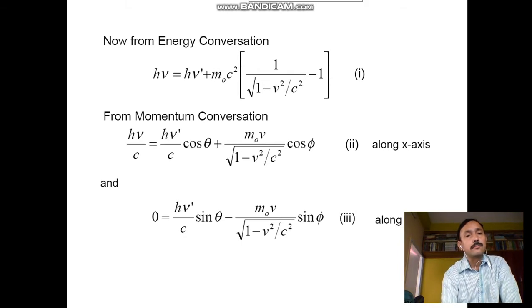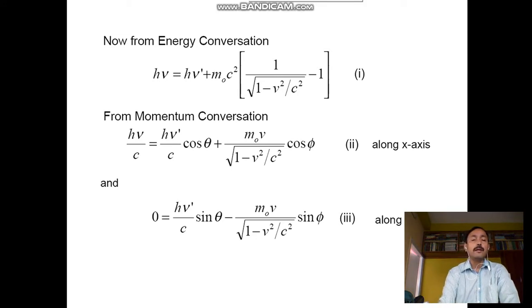After the collision, h nu dash, energy of the photon, and change kinetic energy. As initially it has no kinetic energy, after the collision it has got the kinetic energy K, m naught c square into 1 by root over 1 minus v square by c square minus 1.